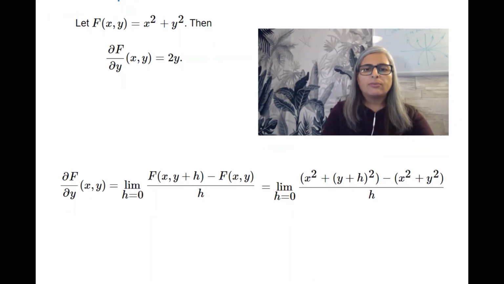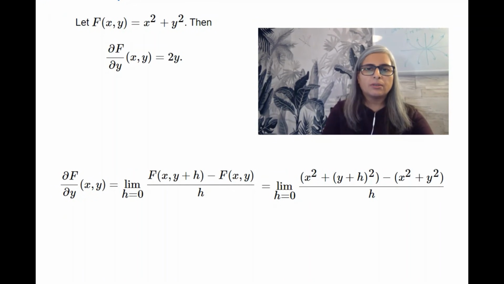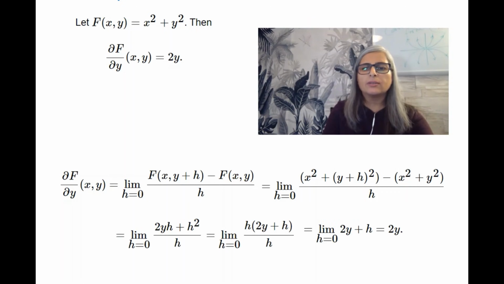And we know that we only put in an increment on y in this case. So when we do that, we come down to an expression where f of x, y plus h minus f of x, y becomes x squared plus (y plus h) squared, and then minus x squared plus y squared. We know that the terms x squared and y squared will be cancelled out, and we'll be left with 2yh plus h squared over h, which we apply the limit on.